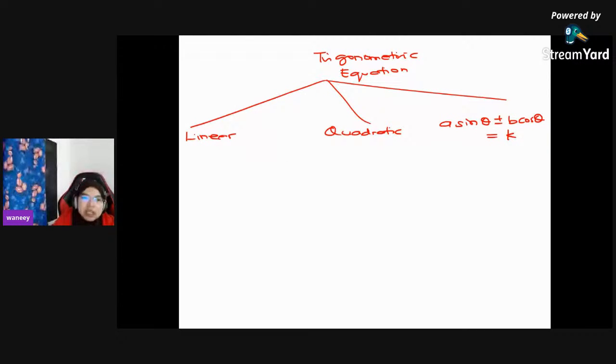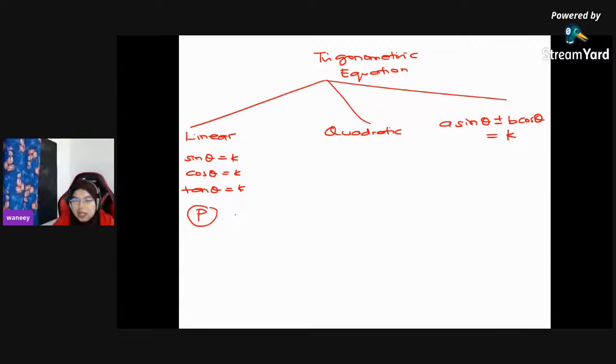Okay, so for linear, how do we solve them? Basically for sine theta equal to k, cos theta equal to k, tangent theta equal to k, you need to calculate first the principal angle, or the basic angle. Simply do the arc sine, arc cos, arc tangent, etc. Once you know the principal angle, check the quadrant: which quadrant gives you positive, which gives you negative.